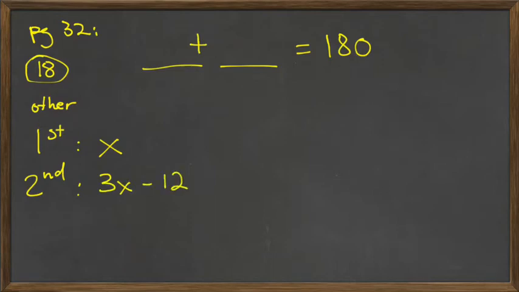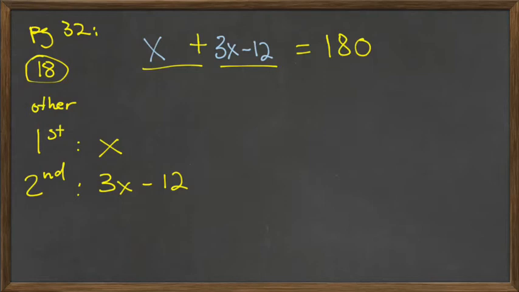With subtraction, the order is important. We cannot say 12 minus 3x. That is not the same as 12 subtracted from 3 times the other. That part has to come first. And these are our 2 angles that we're going to plug in here now. So x and 3x minus 12.